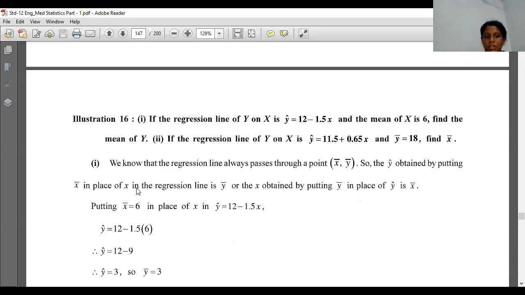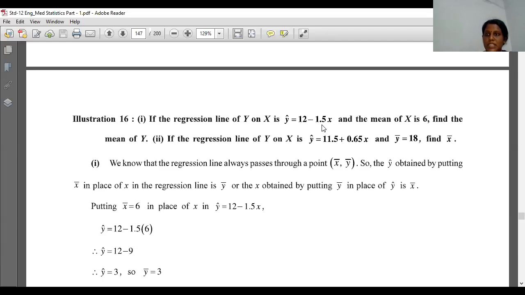Okay, now what is the formula of the y cap regression line? Y cap equal to 12 minus 1.5x. So the formula of y cap is a plus bx. So here a is 12, and b is minus 1.5.